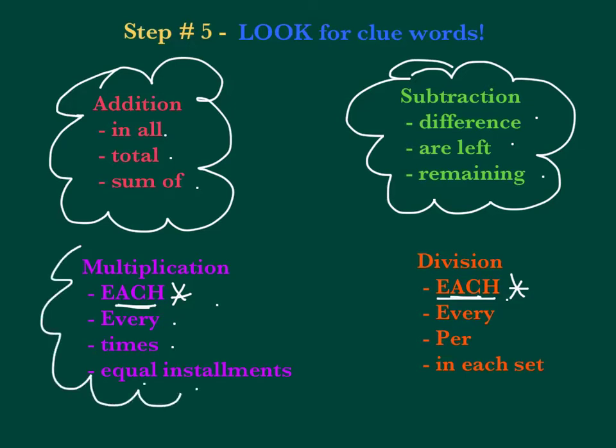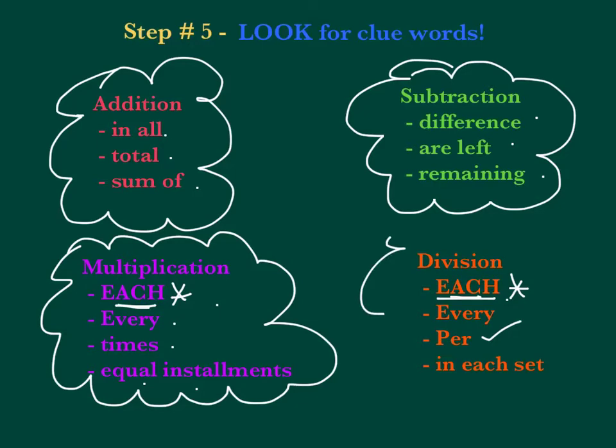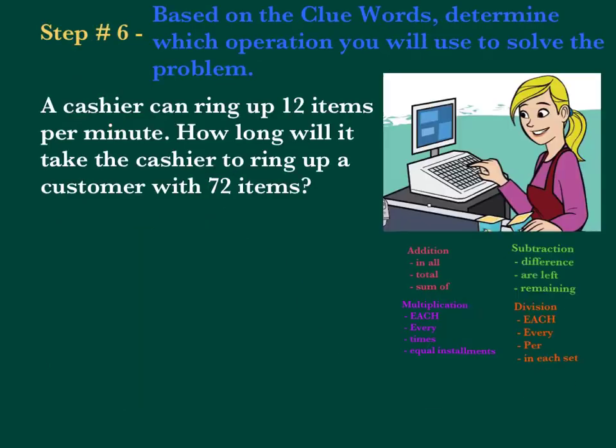That's like if they give you a certain number of payments to make on a bill, you have equal payments for that. The division clue words are each, every, per, and in each set. So if you need to find how many are in each set of something, then you will use division to solve that problem.